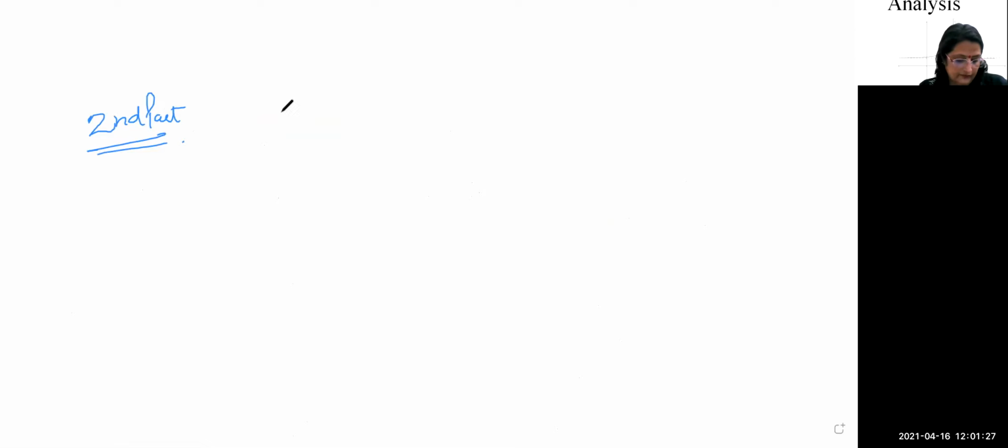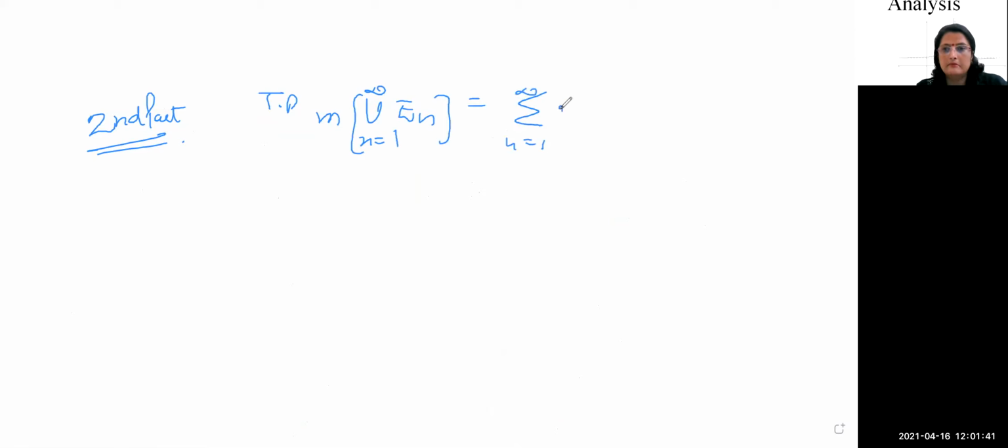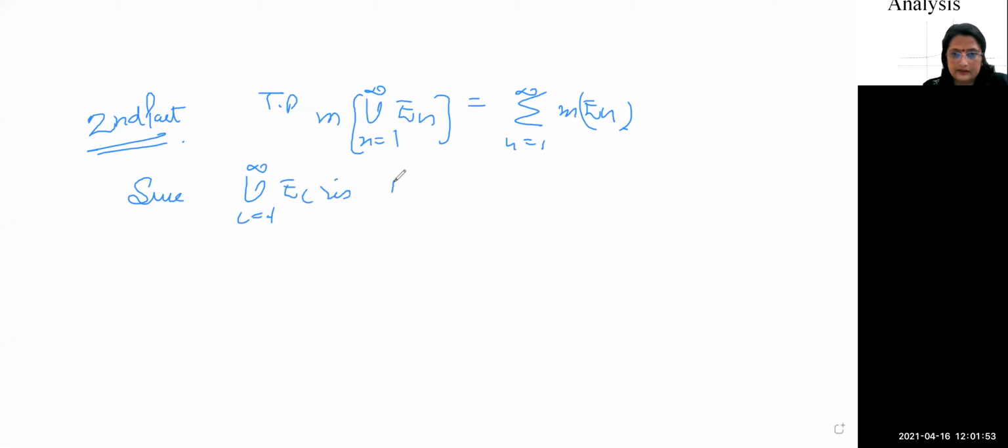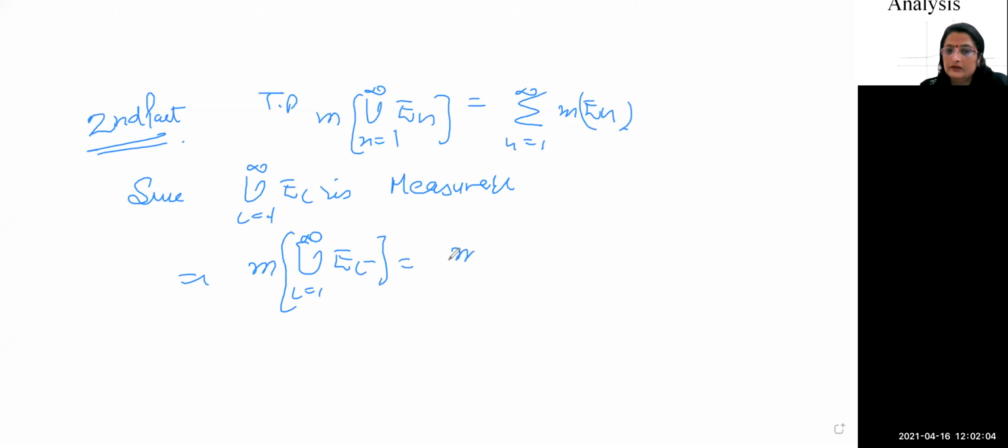Second part of the theorem, what we want to prove: measure of union n running from 1 to infinity En is equal to summation n running from 1 to infinity measure of En. ये prove करना है हमें, right? Since union i running from 1 to infinity Ei is measurable, it means the measure of union i running from 1 to infinity Ei, the Lebesgue outer measure, is equal to the Lebesgue outer measure.